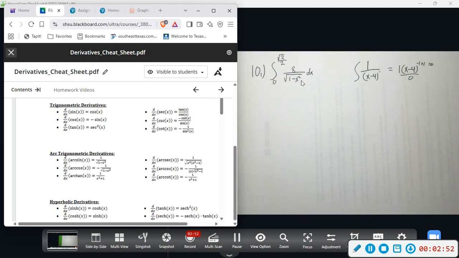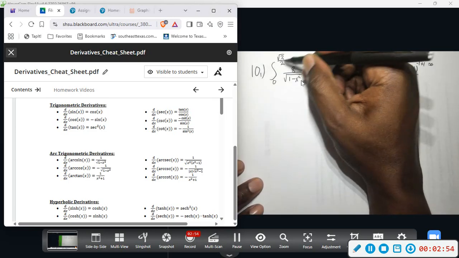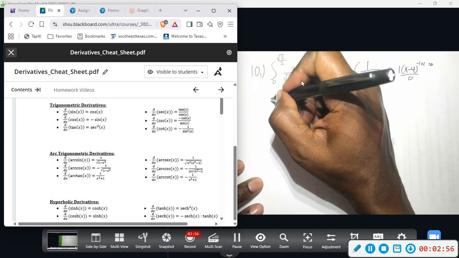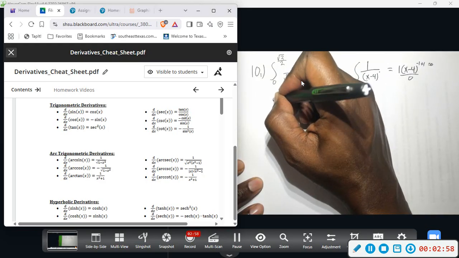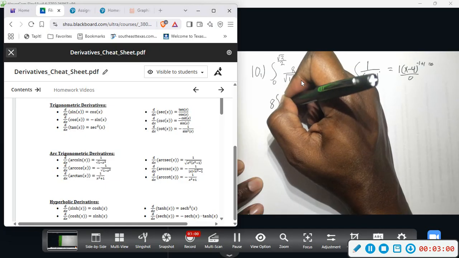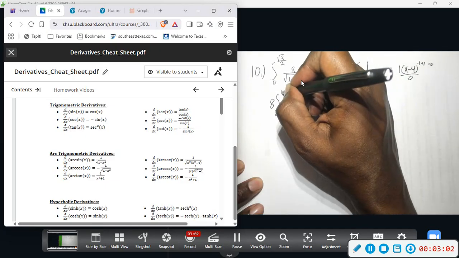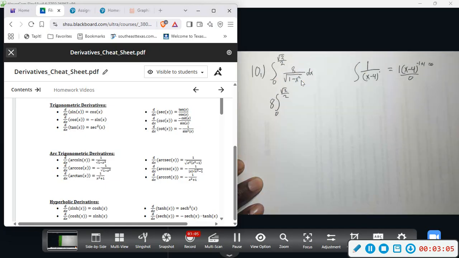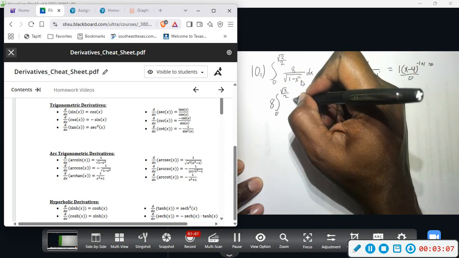So I know that when I take this, I'm going to just pull that 8 out. Integral from 0 to the square root of 2 over 2 of this function.